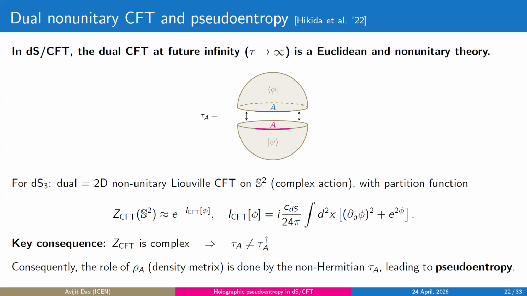So when you get two different states, the natural notion is to define pseudoentropy instead of entanglement entropy, because you no longer have the same state. That's why we use pseudoentropy to do quantum information measures in de Sitter space, as your CFT is non-unitary, coming with a complex action.